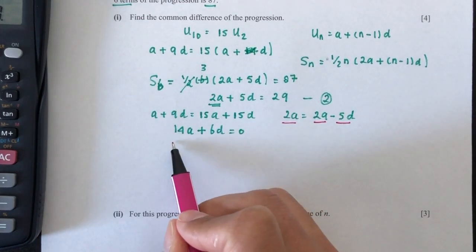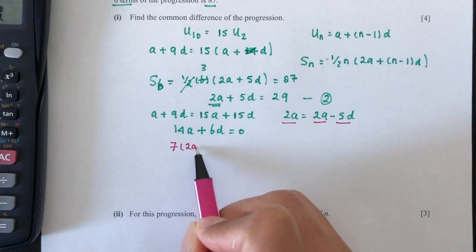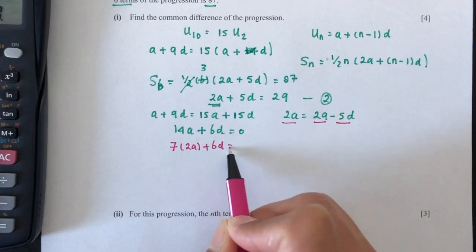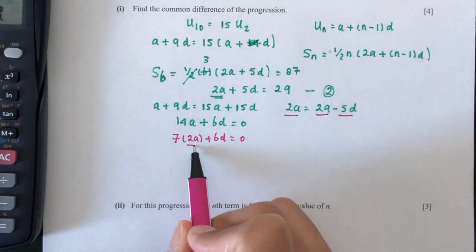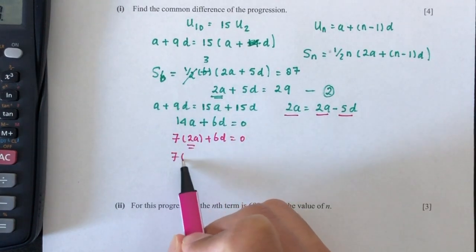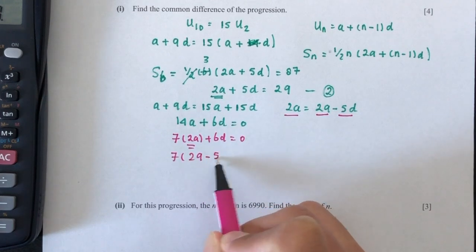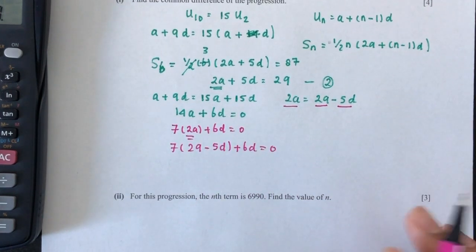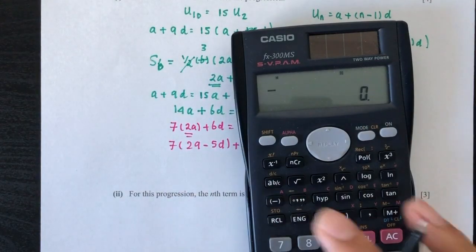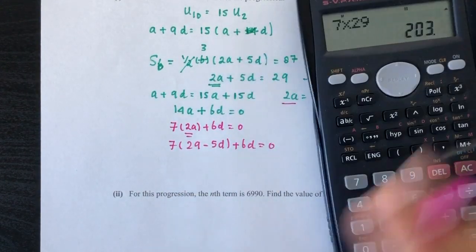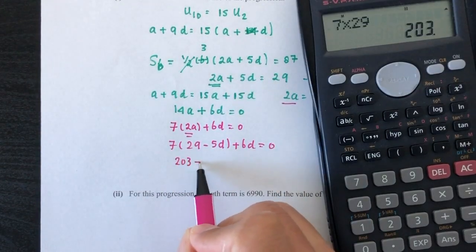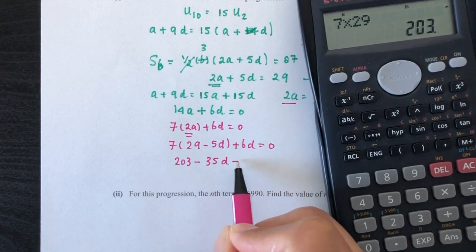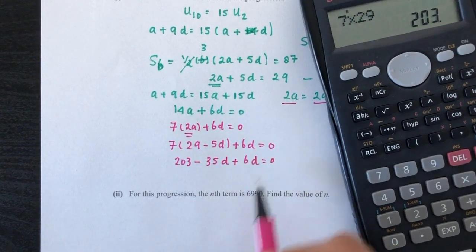So 14a is equal to 7 times 2a, plus 6d equal to 0. Since 2a is equal to this, 7 times 29 minus 5d plus 6d is equal to 0. If you expand, 7 times 29 is 203, minus 35d plus 6d equal to 0.